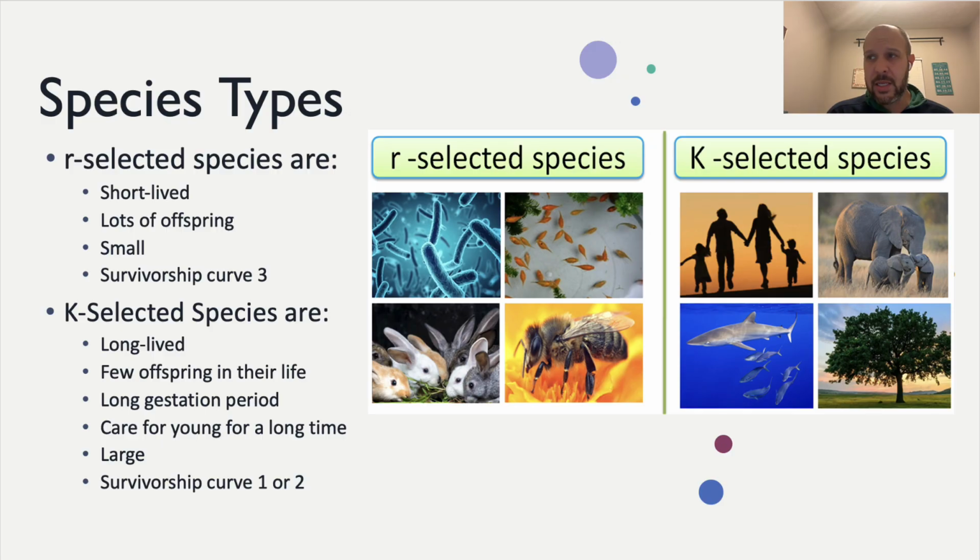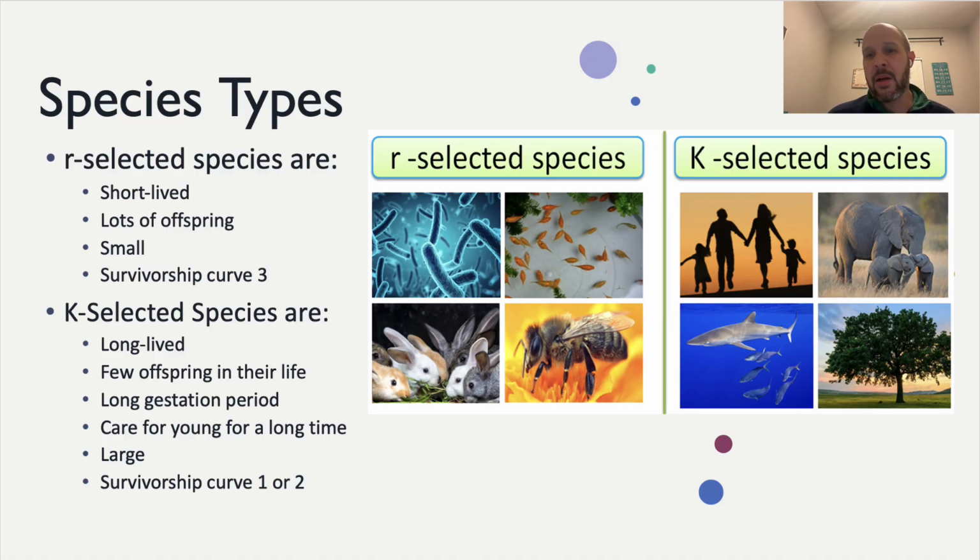Their numbers increase very, very quickly. So things like bacteria or fish or rabbits or bugs, those things have lots of offspring. They give birth a lot of times, and when they do, there's a lot of them, and they reach maturity very, very quickly.